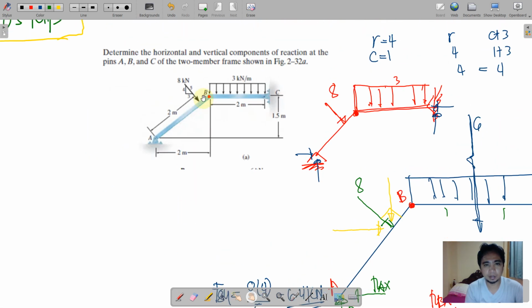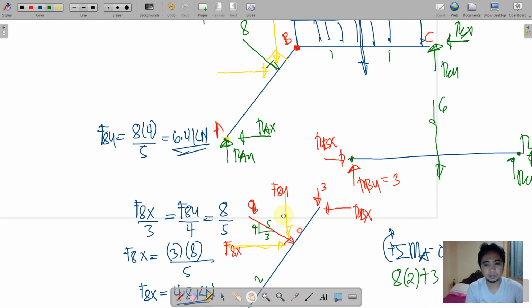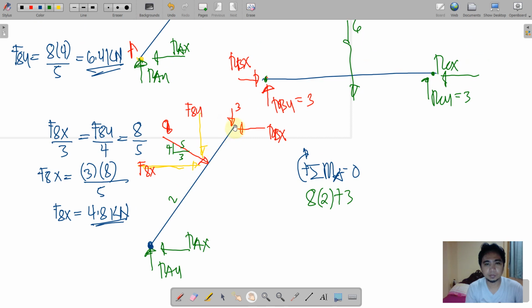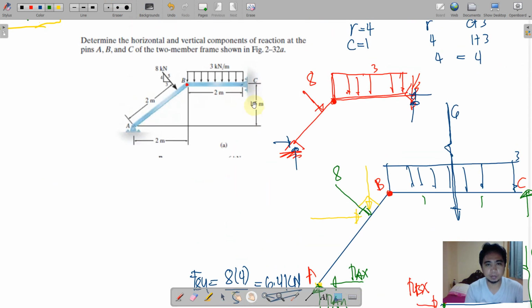So, 2 meters also. So, 3 times 2. And then, RBX is a negative rotation, minus RBX times this distance up to this point. This is the perpendicular distance, right? And that is the height equal to 1.5 meters.